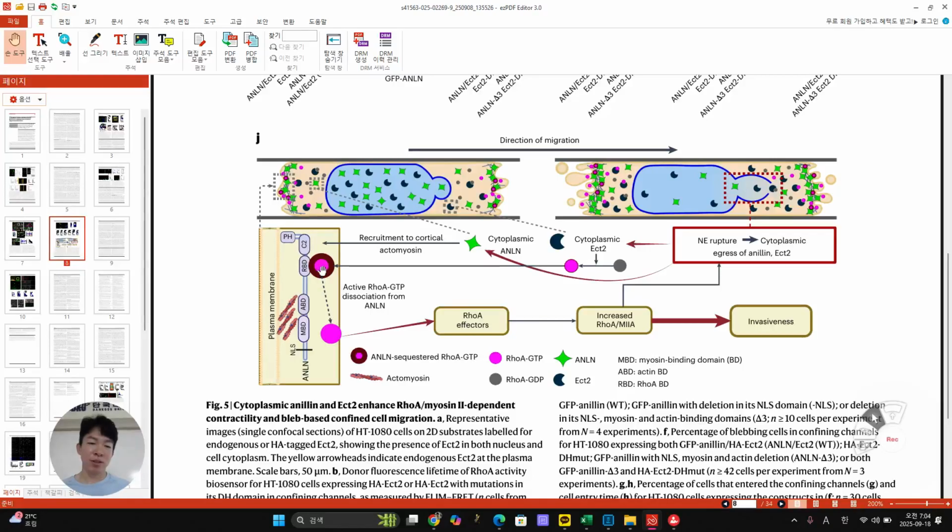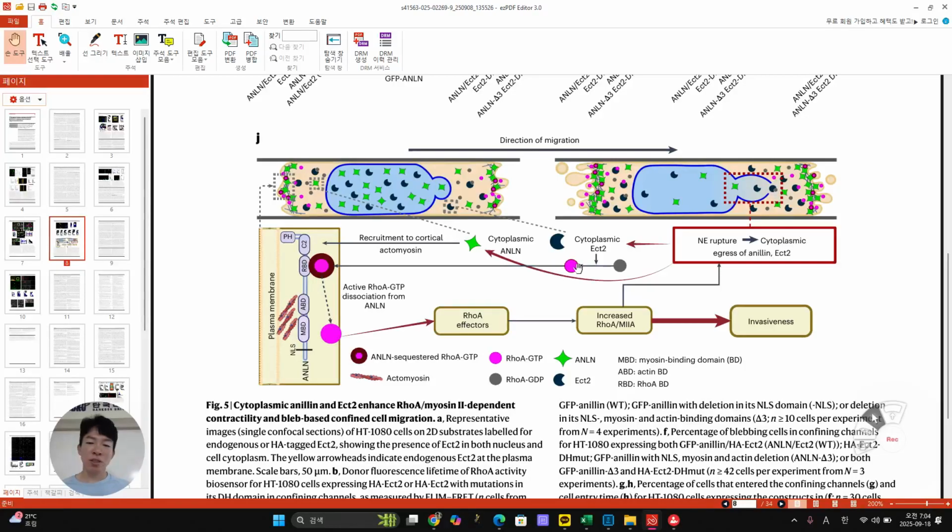And this anillin has an actin binding domain, so it should bind actin. And then the MBD, myosin binding domain, so actomyosin activity also comes from this anillin. You can imagine this anillin has actin and myosin as neighbors.